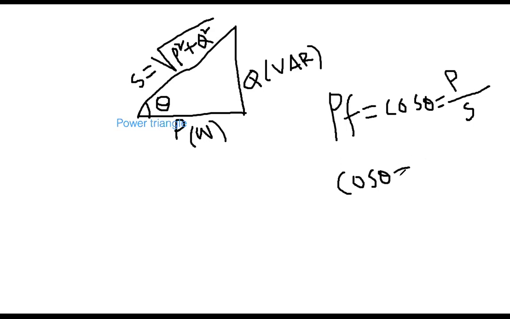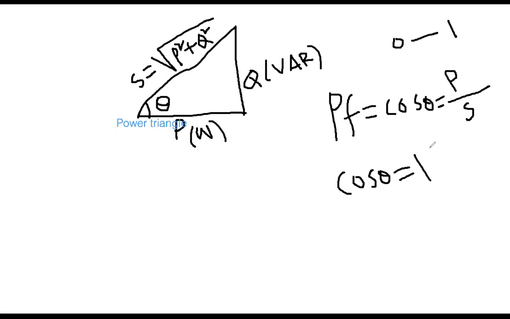What is its maximum value? 1. 1, exactly, correct. So therefore, the maximum value could be 1. And depending on the value, it could be 0. So this means that you can say the power factor ranges between 0 and 1.